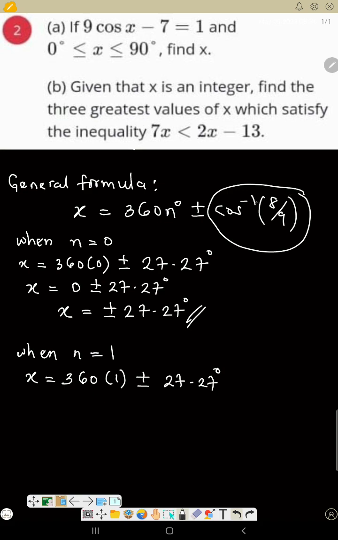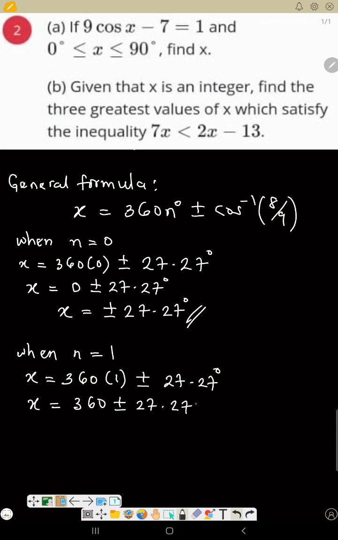It is our cos inverse of 8 over 9. So now 360 times 1, that is 360 plus or minus 27.27 degree. So if you split the plus or minus, x is equals to 360 plus 27, so that will be 387.